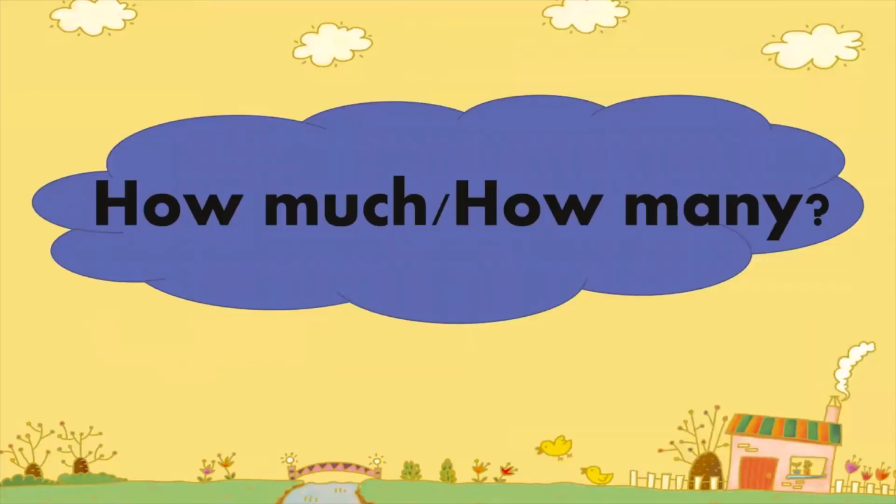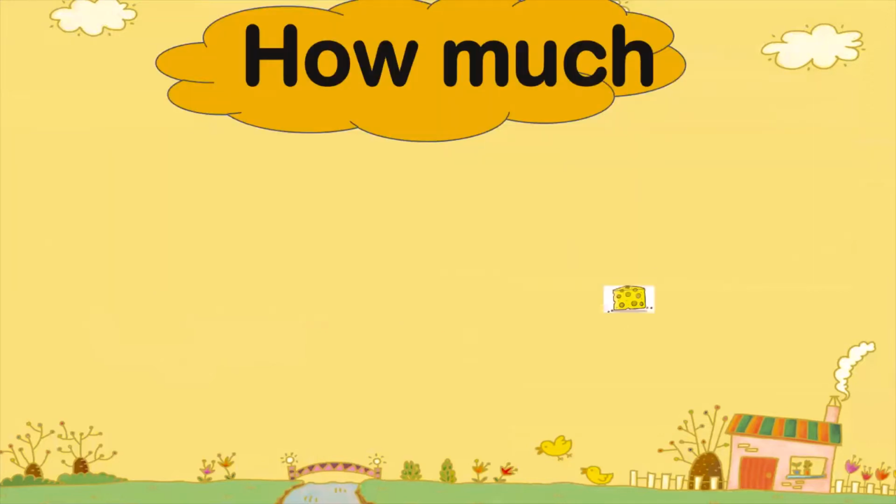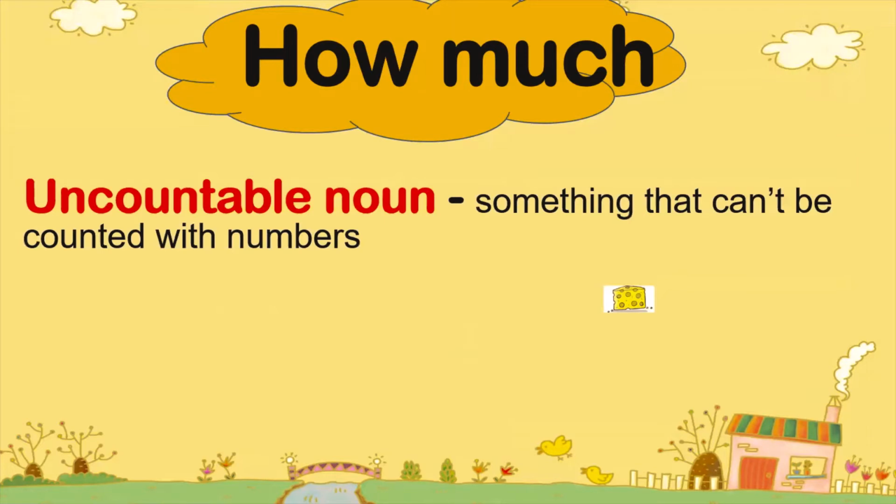Now let's go to how much and how many. We are going to learn how we use how much and how we use how many. Let's start with how much. When we use how much, we first identify if the noun is uncountable. These are nouns that you cannot count with numbers.